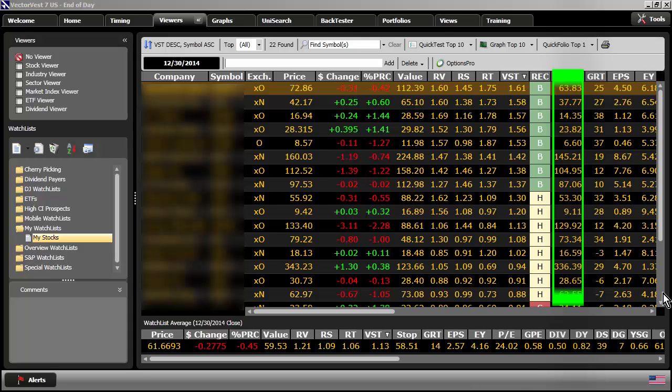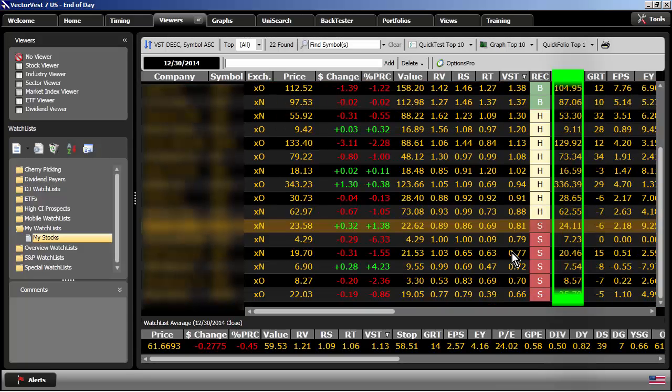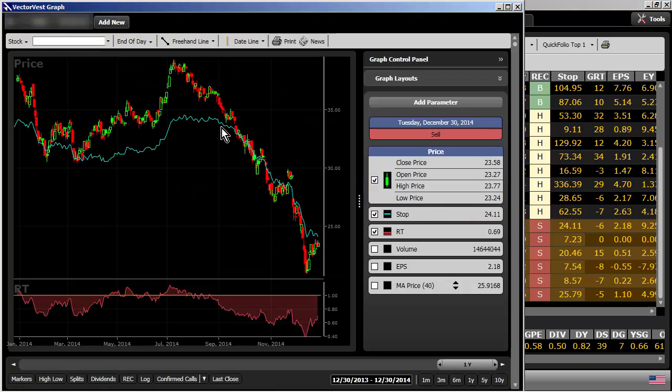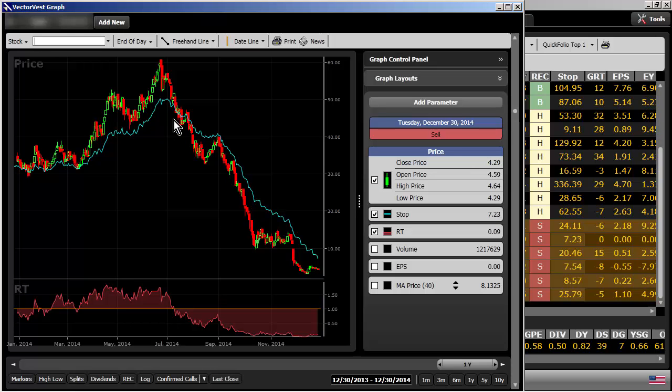Let's take a look at a few of the stocks in our watch list that have a sell recommendation. This blue line is the stop price. So when the price of the stock crosses that threshold, it's going to receive a sell. We can see most recently where it happened on this stock. This stock got a sell recommendation back here.